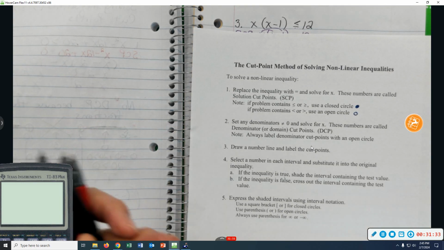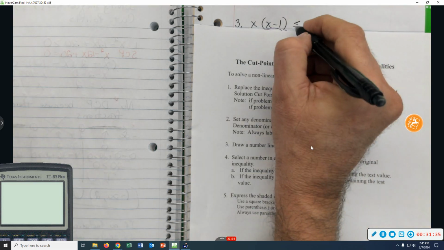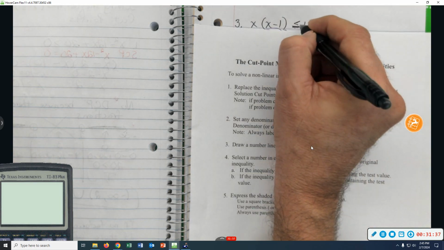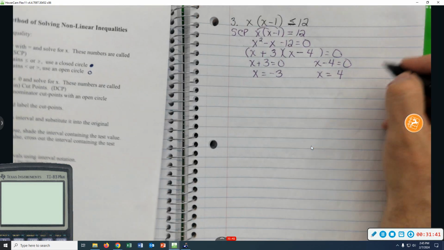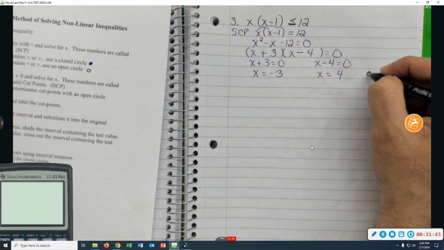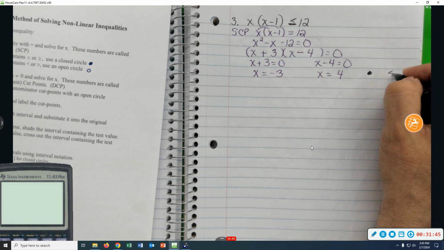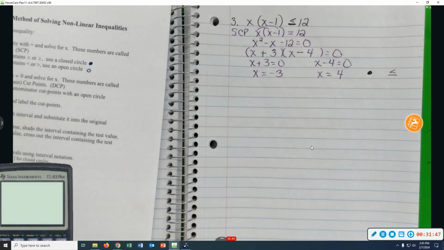Oh, closed. Closed, because unless I miscopied it, I have an equal sign there. You look at the original symbol, so it's going to be a closed circle because there's an equal sign on it. If there hadn't been an equal sign on it, it'd be open circle like number 3, like the first one we did, number 1.